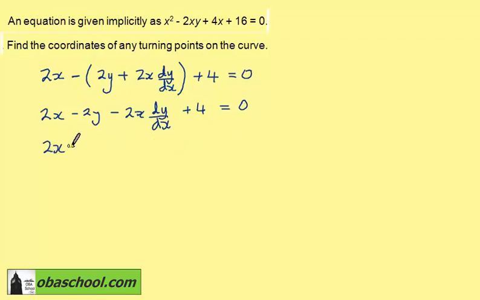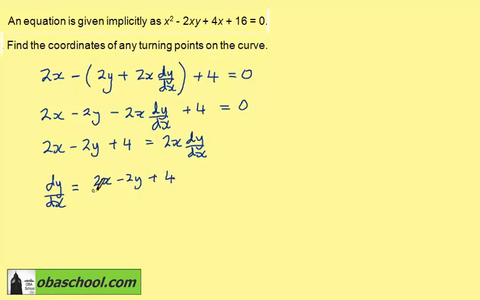So 2x minus 2y plus 4 is equal to 2x dy/dx. Then dy/dx would be equal to 2x minus 2y plus 4 divided by 2x. We can divide everything by 2, so that's x minus y plus 2 over x.